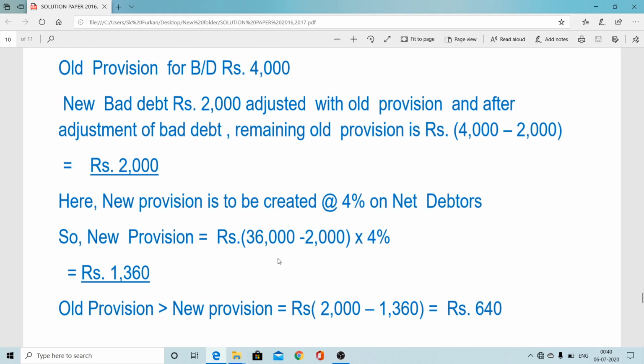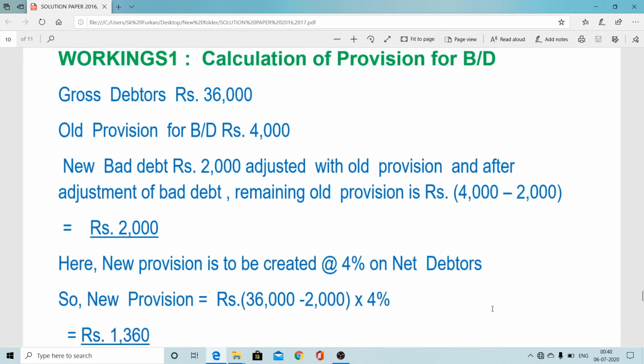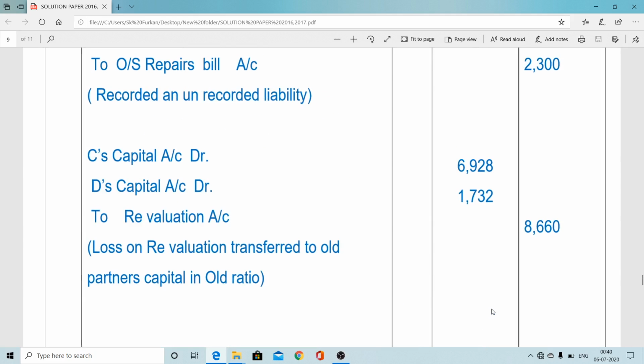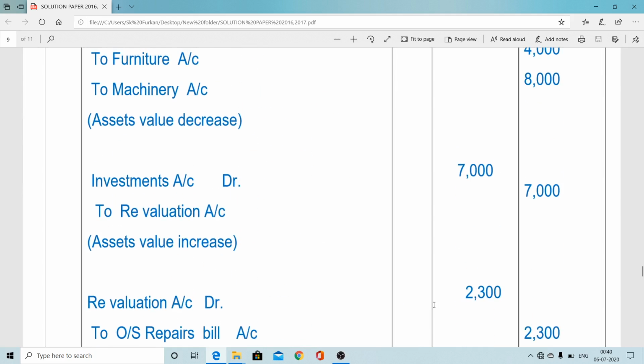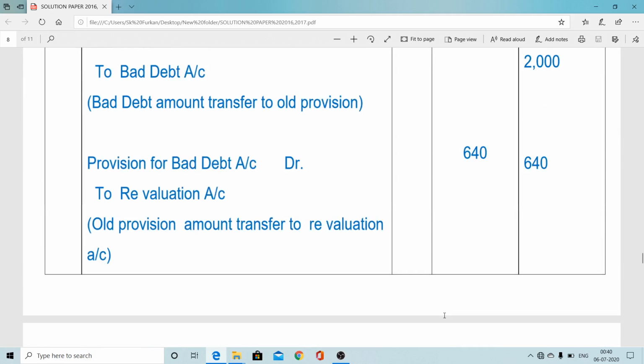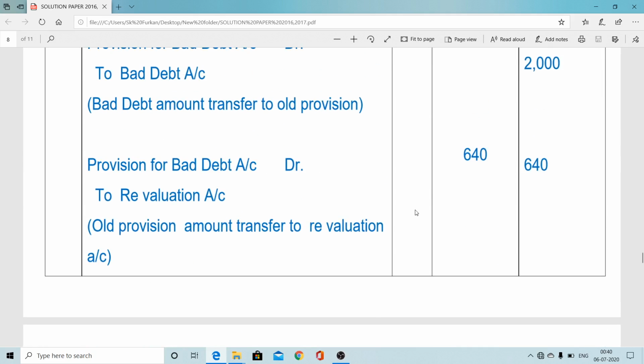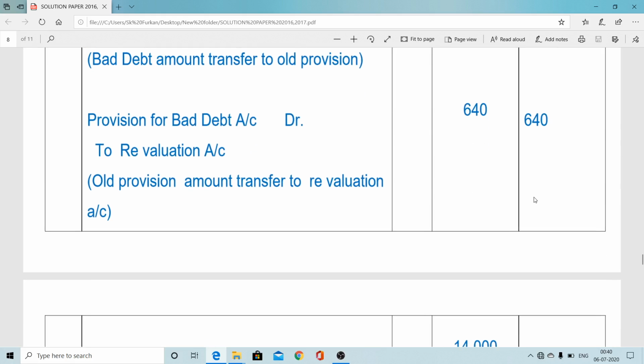Now the new provision: gross debtors 36,000 minus bad debt 2,000 is 34,000, and 4% of that comes to 1,360. That is the new provision, and that is the old provision. So the old provision is greater than the new provision. How much greater? 640. When the old provision is greater than the new provision, we pass this entry: old provision for bad debt account debit to revaluation 640. If the new provision is greater, then the reverse entry will have to be passed.